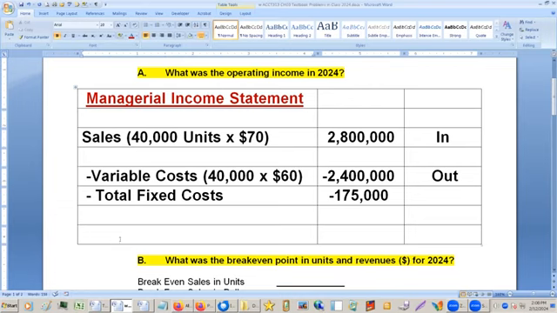And this will give us our operating income or net income. Let's put on income. All right. So our income is 225,000.